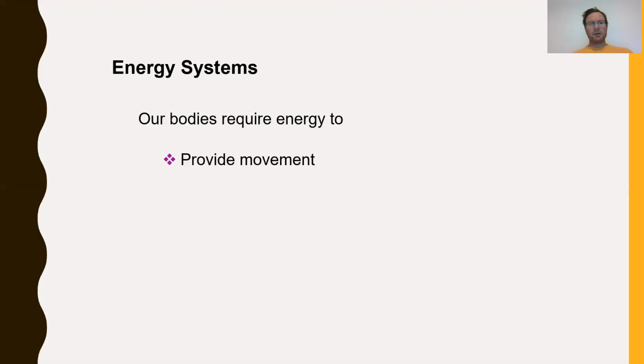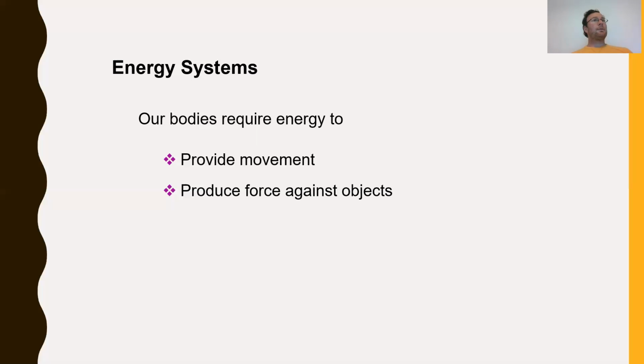Our energy systems. Our bodies require energy to do a lot of things. From our perspective, we're mostly considering movement, but the body's energy currency, if you like, is used for every cellular process. Whatever fuels we take in, we use to provide our cells with energy to do their jobs.